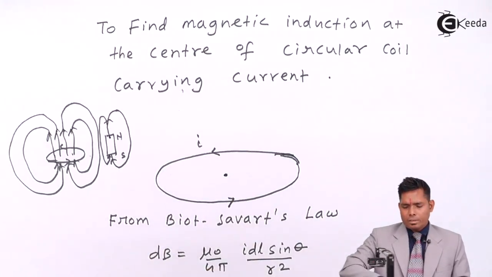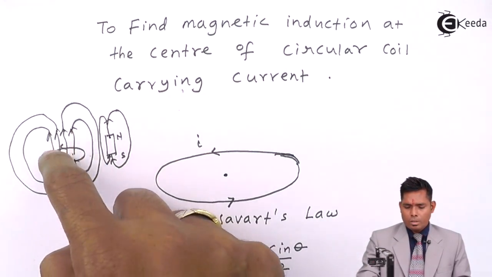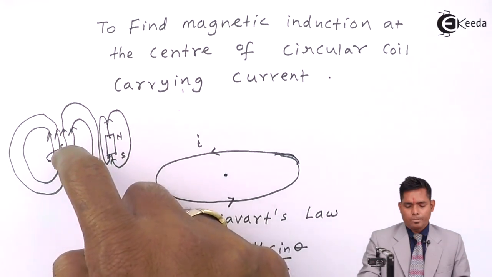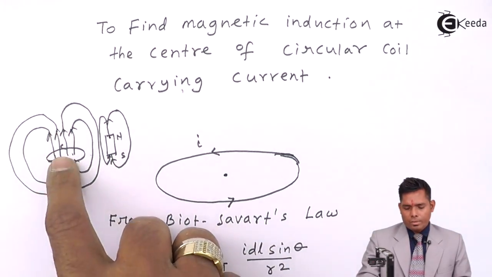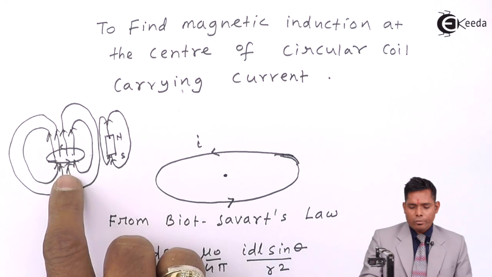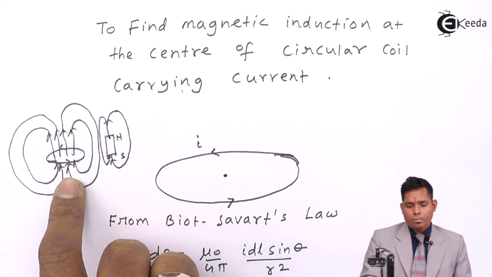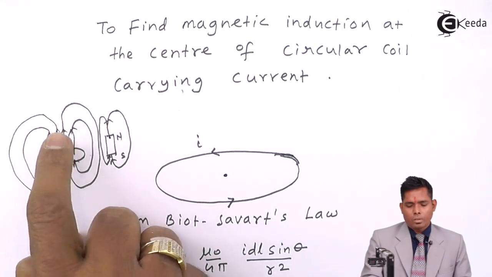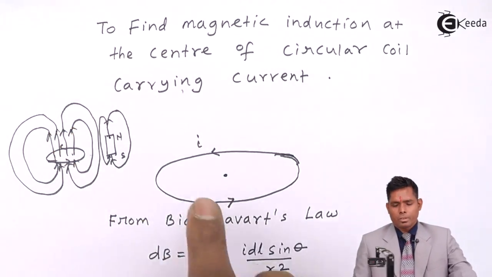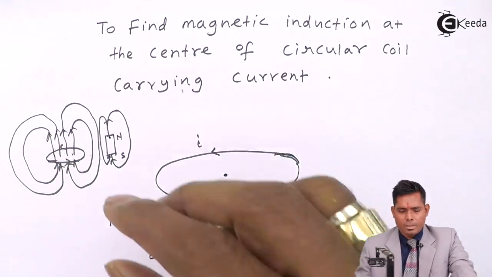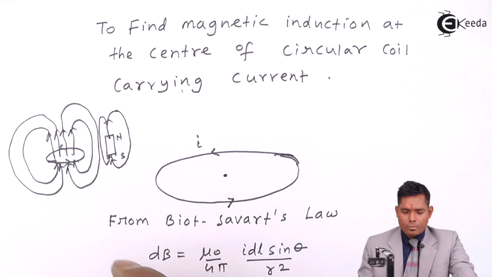If I reverse the direction, then the arrow will change. That means the field which is like this will become like this. It will now enter from below and come out from above, so it will be reversed if I change the direction of the current. Similarly, the poles will change.